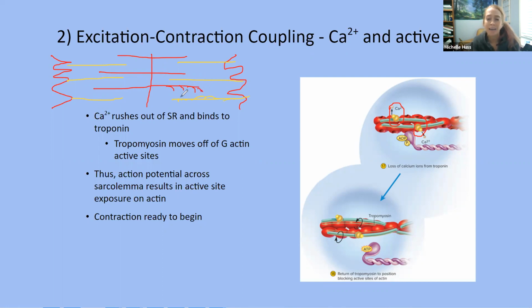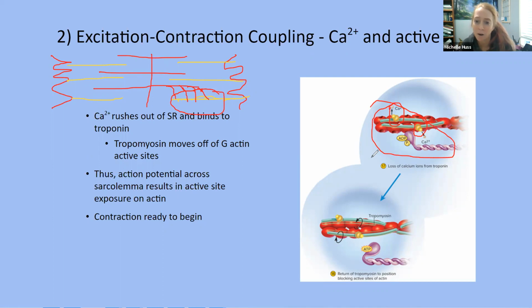As soon as actin's sticky, guess what the myosin is going to do? Grab on. This grab on is called a cross bridge.